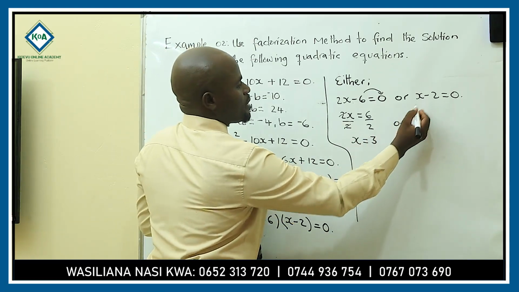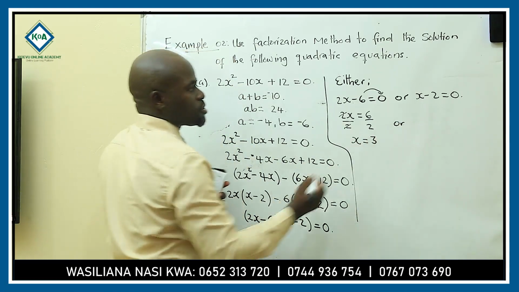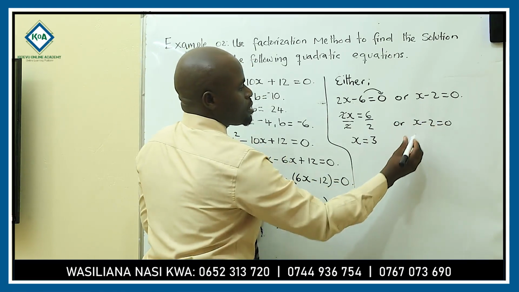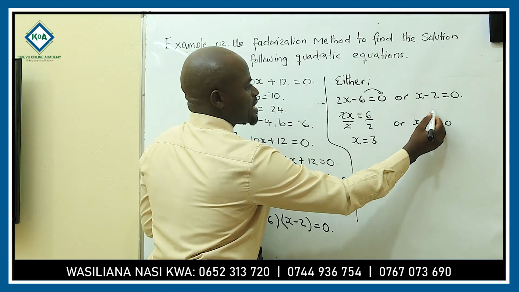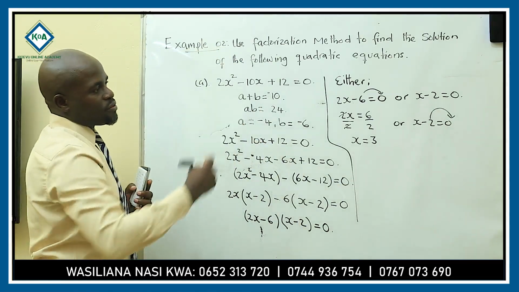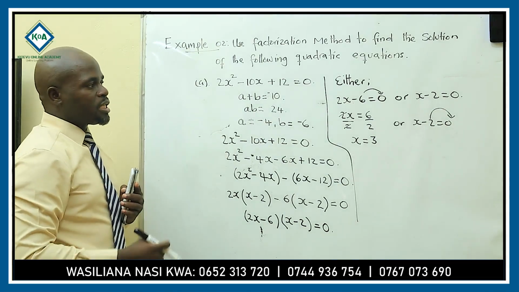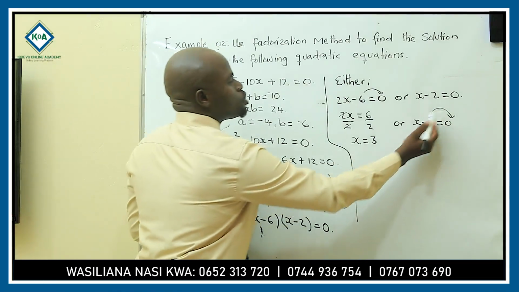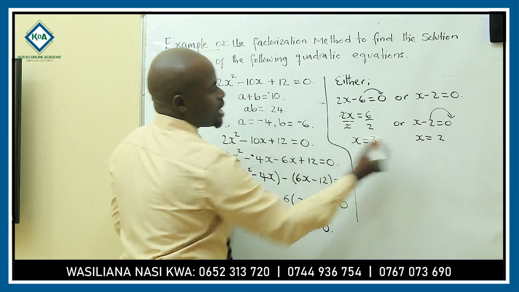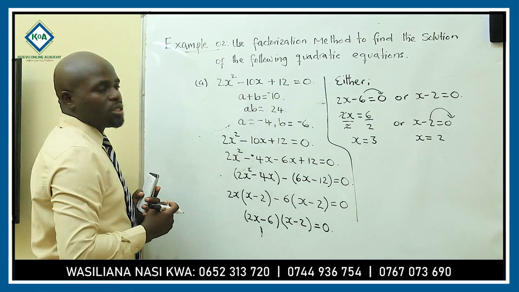Now, here we have x minus 2 is equal to 0. We shift this negative 2 to the other side, and if you shift it to the opposite side, it changes the sign from negative to positive. So x is equal to 2. So these are the two answers of this quadratic equation.